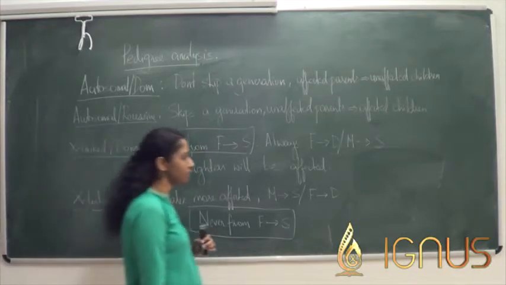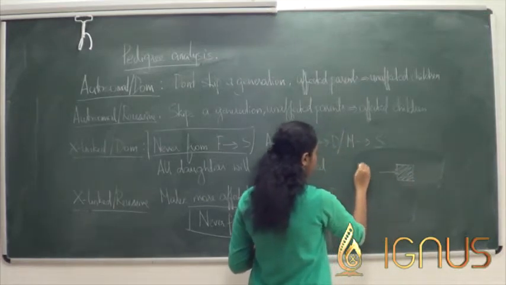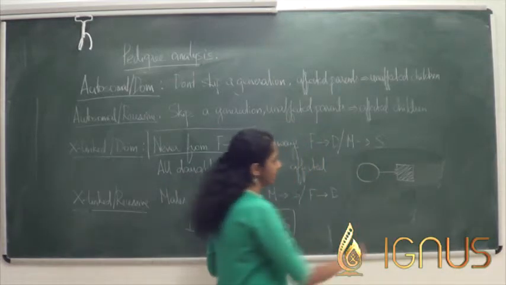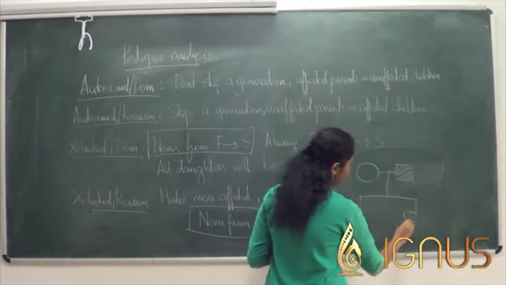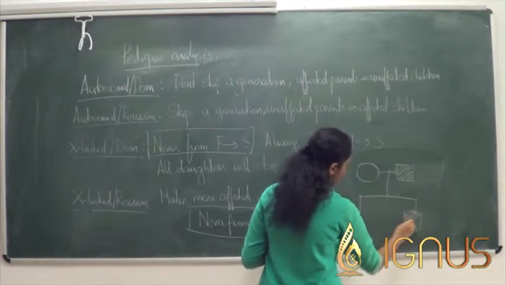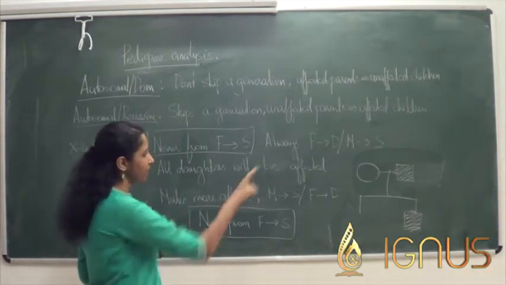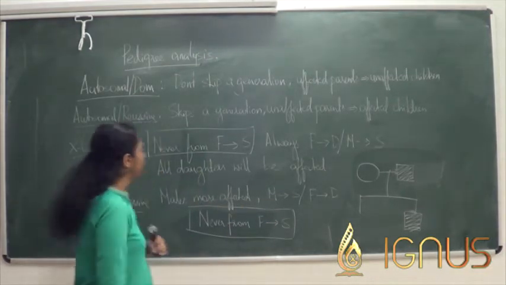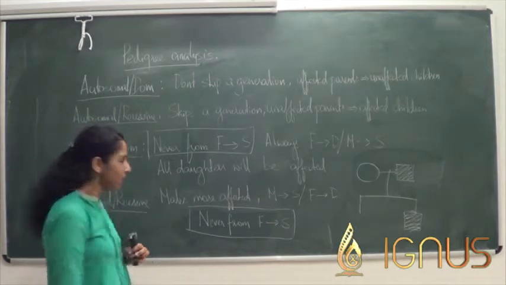So if you have an affected father who is mating with an unaffected mother, let's say, and then you have an offspring where the son is also affected, this is a clear indicator that this kind of inheritance pattern is definitely autosomal and not sex-linked. Why?